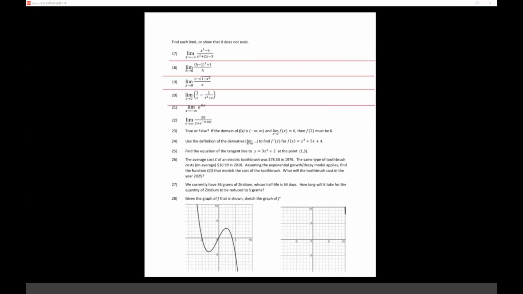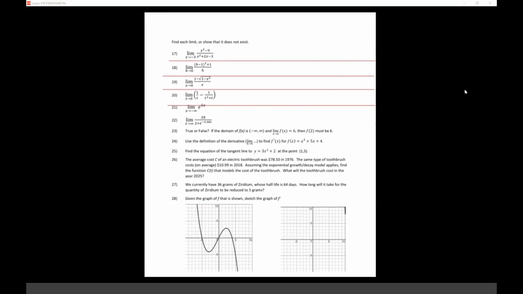The first one is a rational function, and they want to know the limit as x approaches -3. Well, -3 squared is +9, plus 2 times -3, that's -6, minus another 3. These two terms give me -9, and the first term gives me +9.